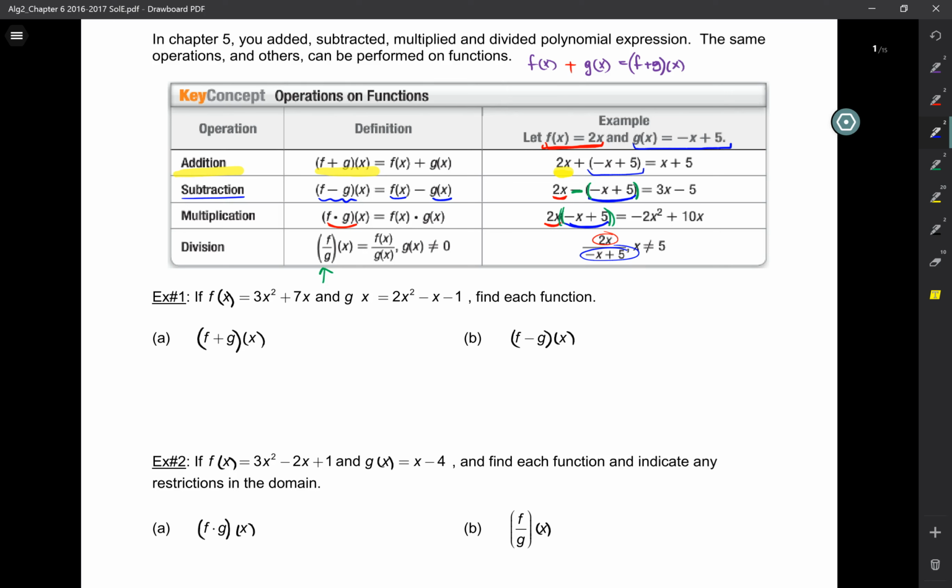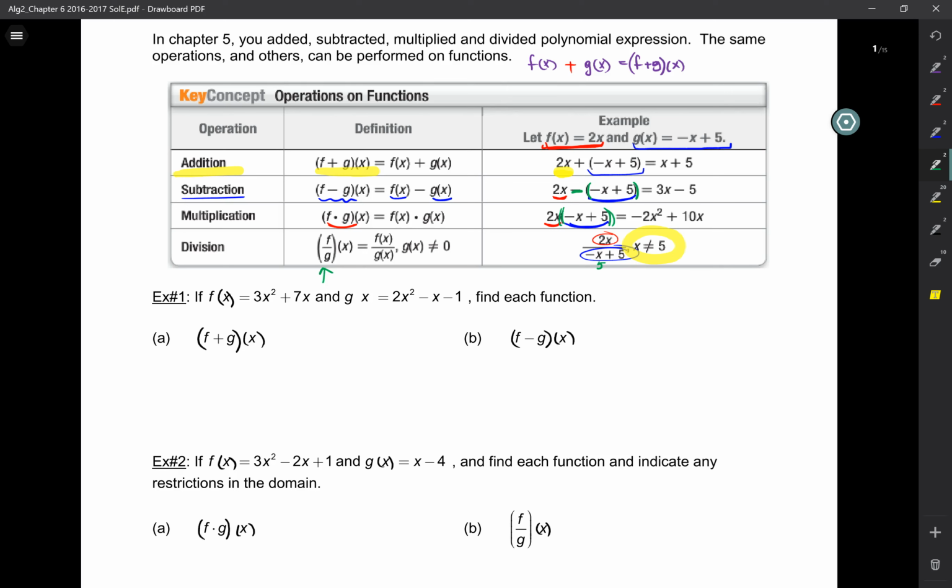Okay, so that's just to cover ourselves. If x were equal to 5 in the denominator, what would that denominator equal? So if I had a 5 in the denominator for x, so if it was negative 5 plus 5, what would the denominator equal? 0.